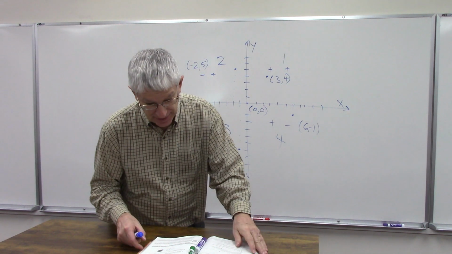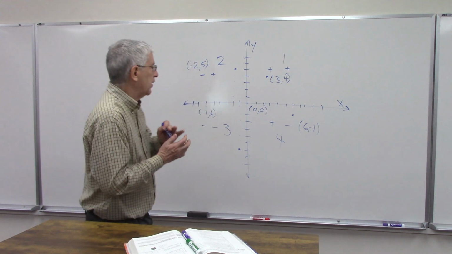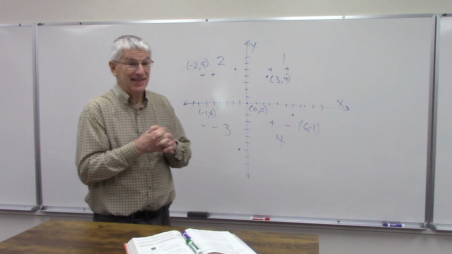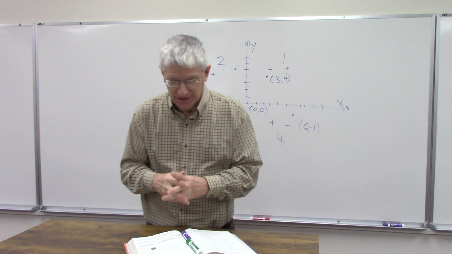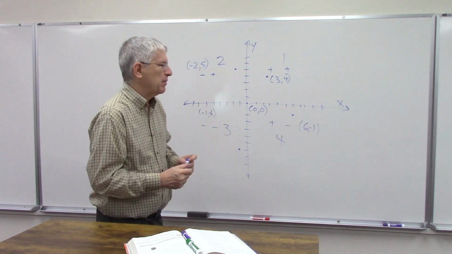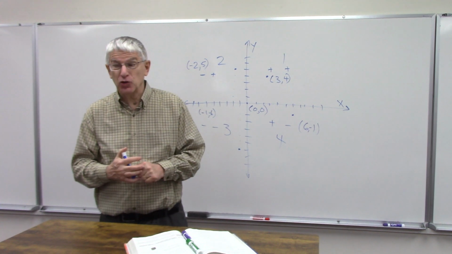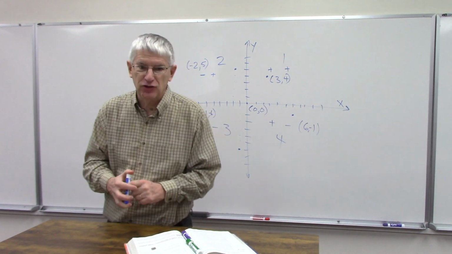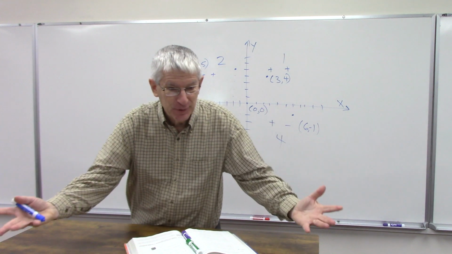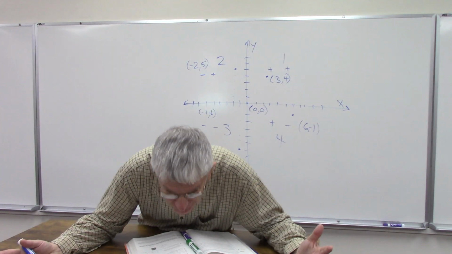Okay? Now, what we're going to do is start connecting the dots, or the lines. We're going to make lines. They've always said the shortest distance between 2 points is a straight line.